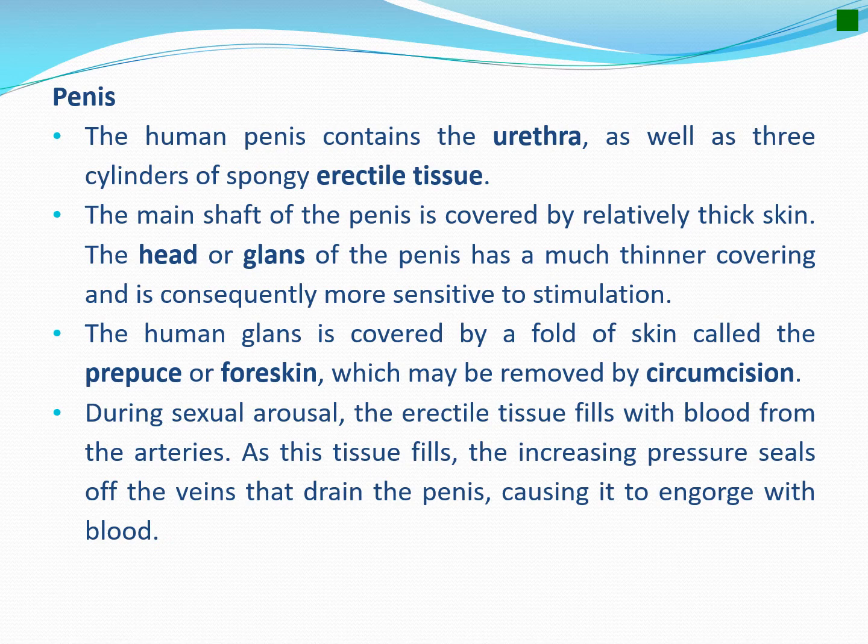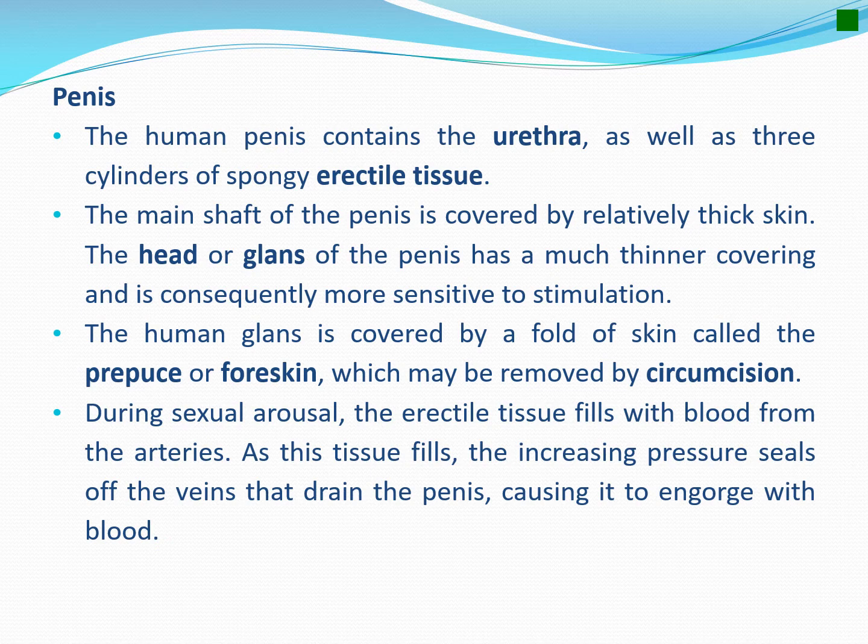The main shaft of the penis is covered by a relatively thick skin, and the head or glans of the penis has a much thinner covering and is consequently more sensitive to stimulation. The human glans is covered by a fold of skin called the prepuce or foreskin, which may be removed by circumcision.